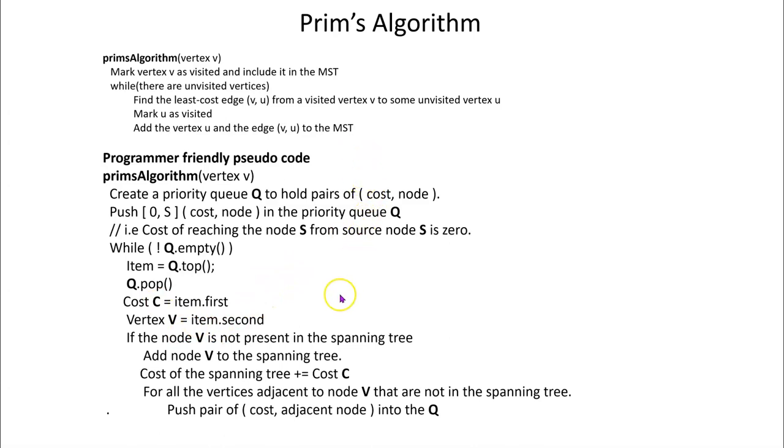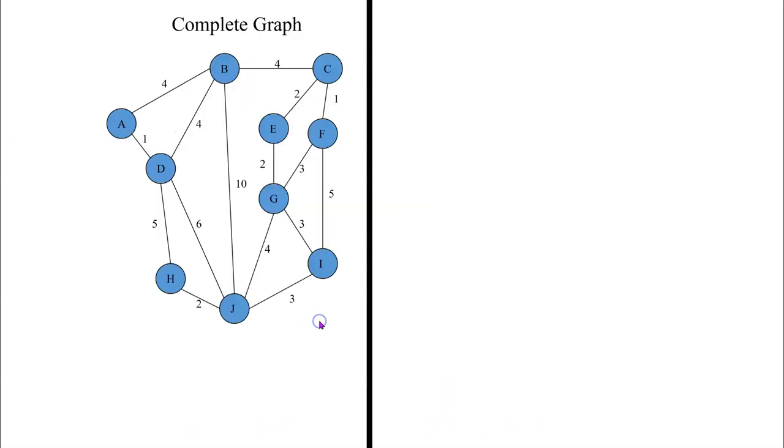Vertex V is the second one in our pair. If the node V is not present in the spanning tree, add node V to the spanning tree. The cost of the spanning tree is increased by adding the cost C to it. For all the vertices adjacent to V that are not in the tree, push them into the queue.